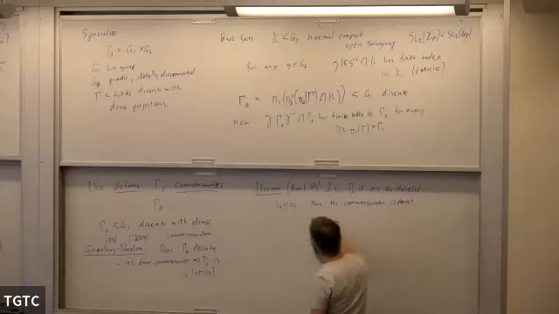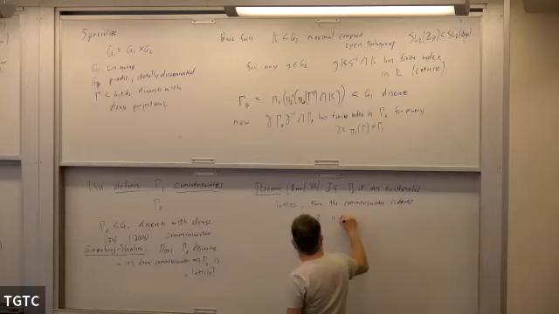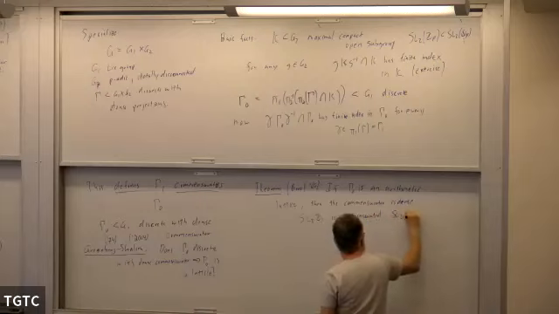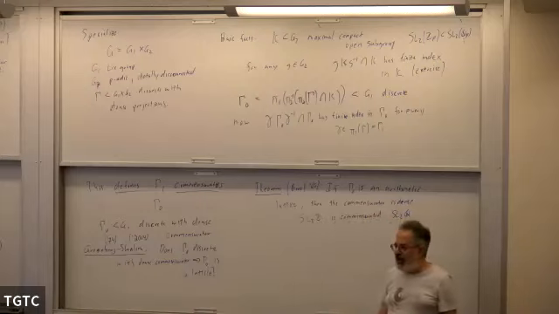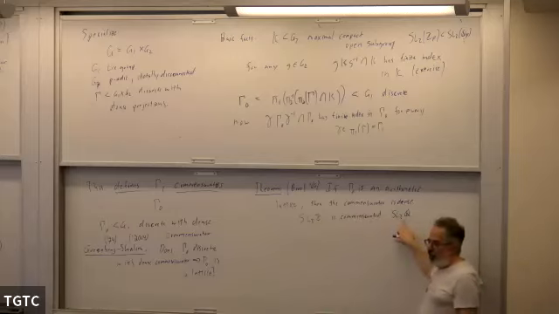The easy special case of Borel's theorem is to look at, say, SL2 of the integers. This is commensurated by SL2 of the rationals. I'm not going to tell you what an arithmetic lattice is, but I will tell you that that's an arithmetic lattice, and this is its commensurator.